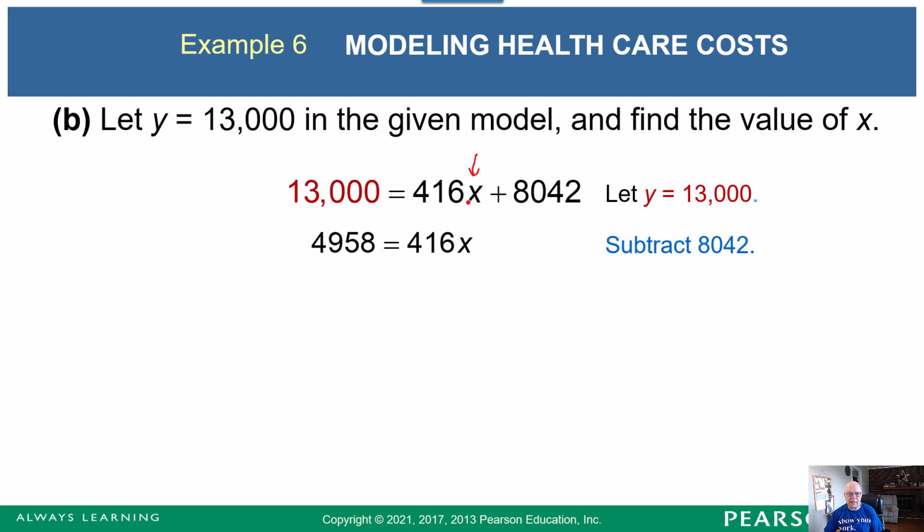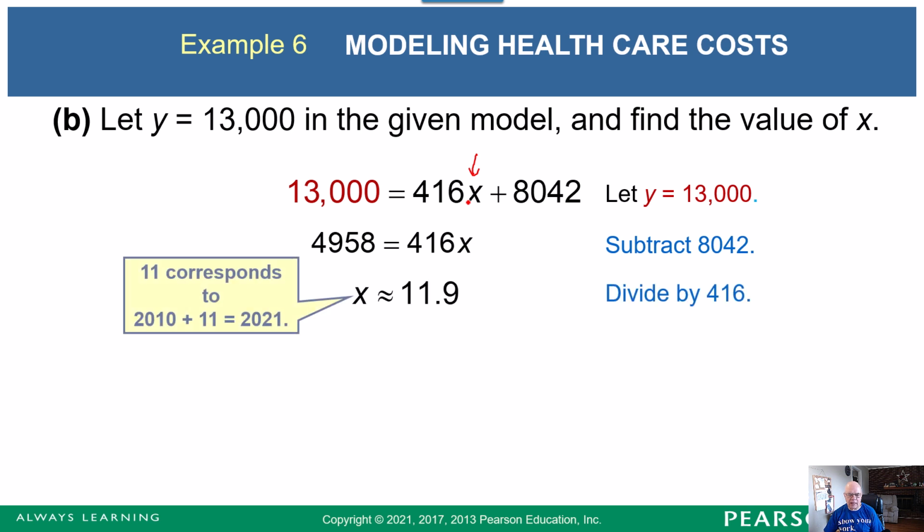So subtract the 8,042 from both sides, divide by the 416, and there you go. So what does that correspond to? Well, we're talking about the year 2010 plus 11.9. So the year 2021.